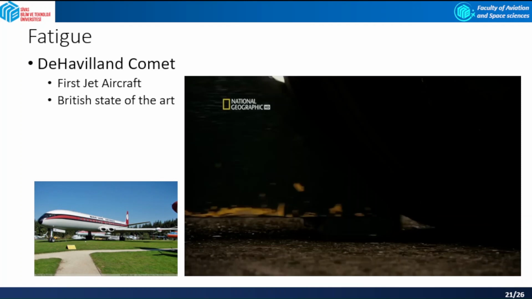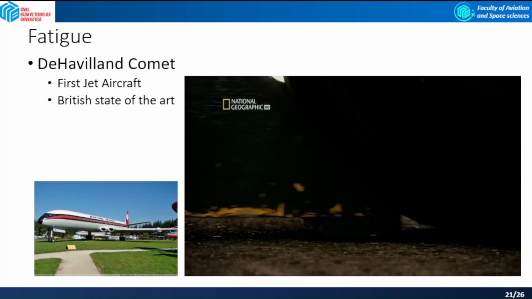In the early 1950s, two of these aircraft tragically crashed, leaving investigators puzzled as to the cause. Subsequent thorough investigations revealed that metal fatigue around rectangular shapes was the root cause of these accidents. And until then, the significance of metal fatigue was underestimated.